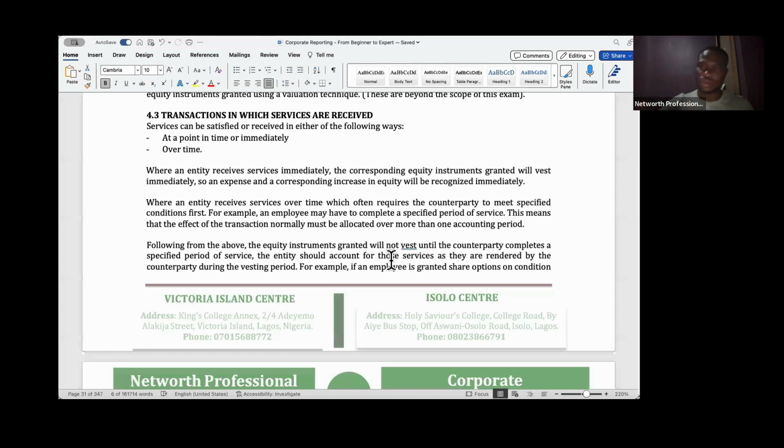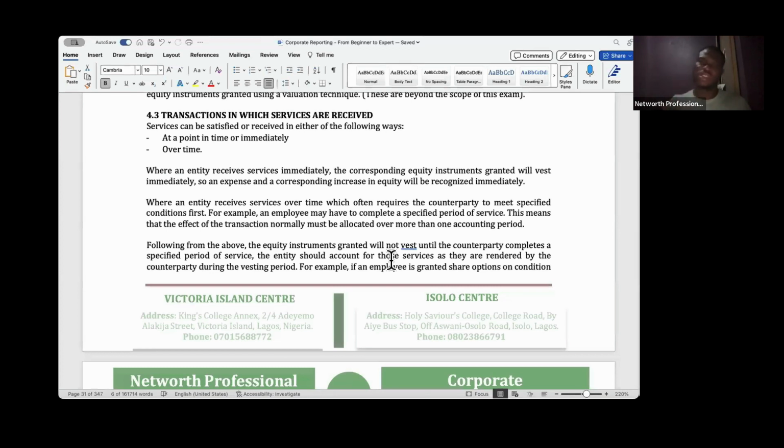Whoever is selling goods wants a value now. So when it is at a point in time, the consideration is always going to be in shares, something that they can have value for immediately.